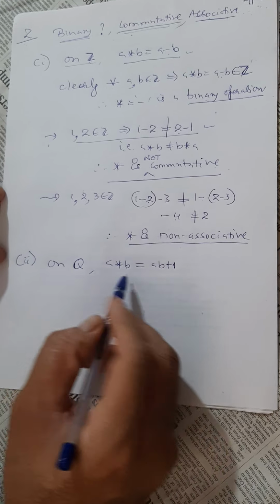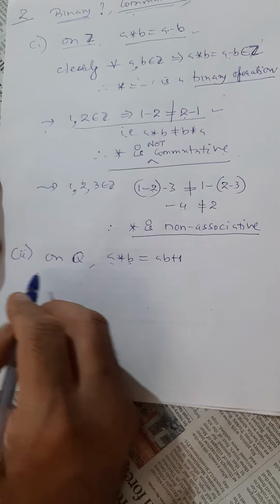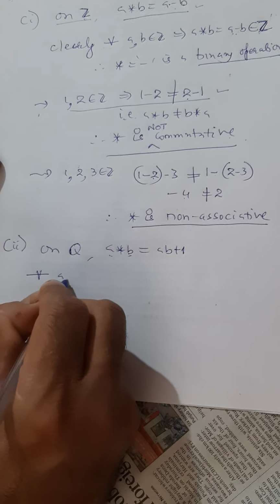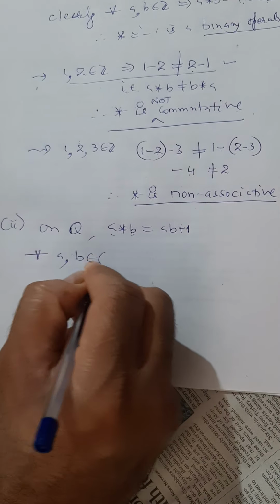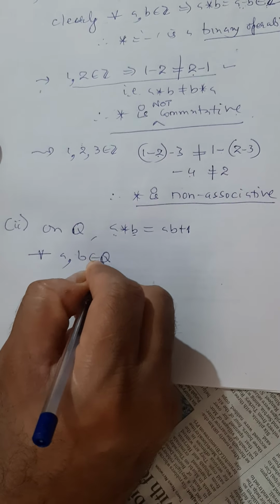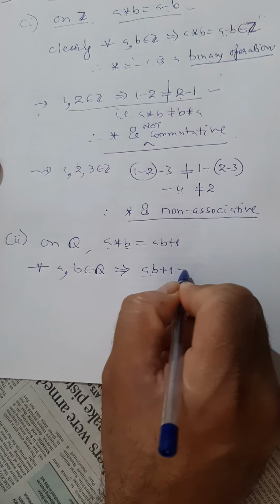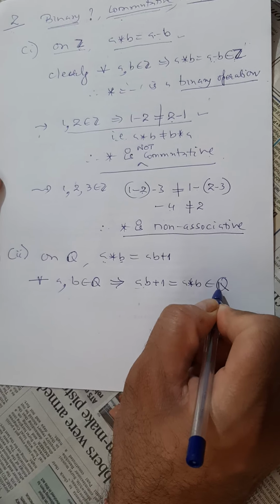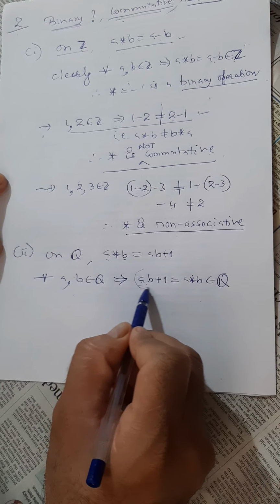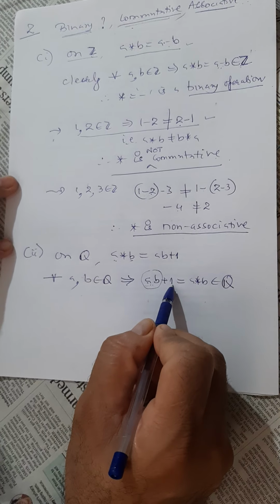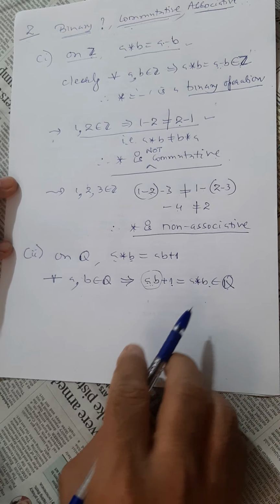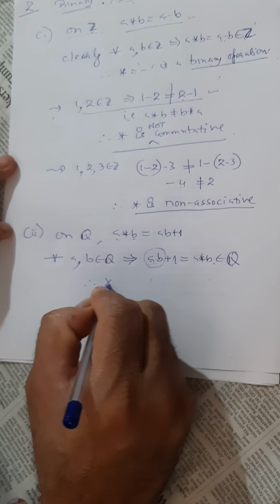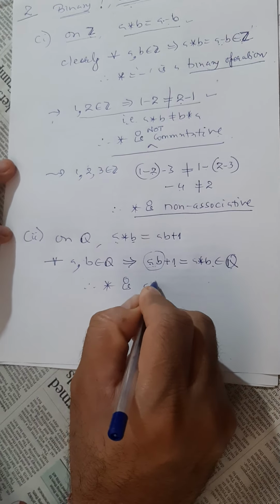So here you take any two rational numbers, for every A, B from Q. Obviously A into B is also a rational number. If I write plus 1, which is also a rational number, you can say that this is again in Q. The product of two rational numbers is a rational number, and plus 1 is again a rational number, so it is in Q. So what's the conclusion? Asterisk is a binary operation.